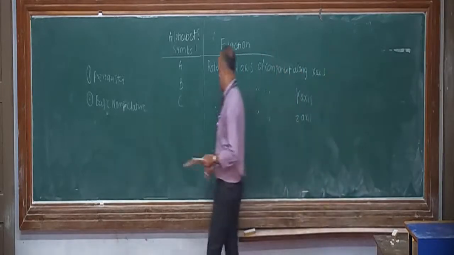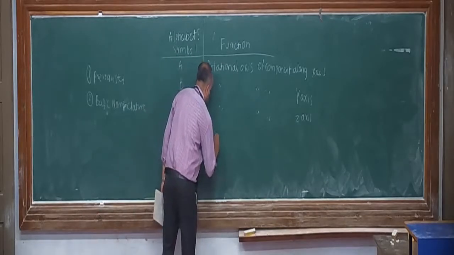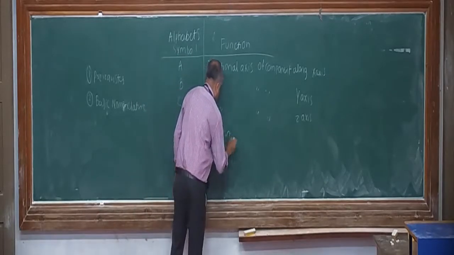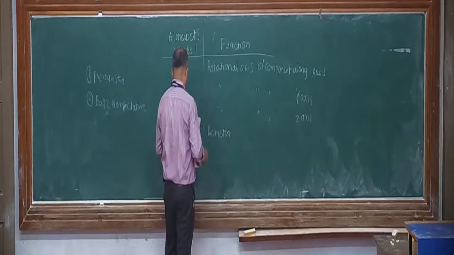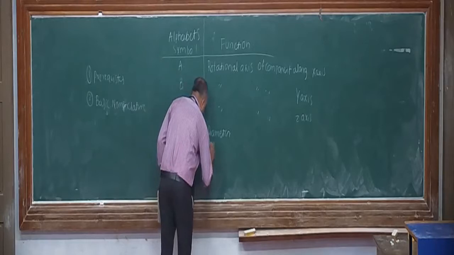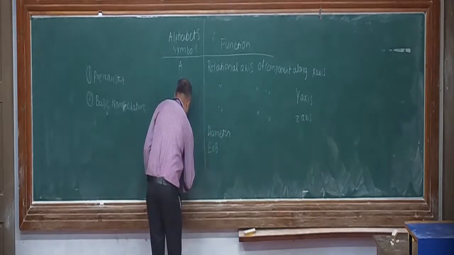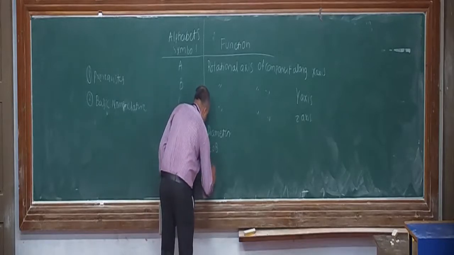Then D, as usual, it is standard. That is the diameter of the workpiece. Then E is called the end of block. Then F, standard, is nothing but feed.